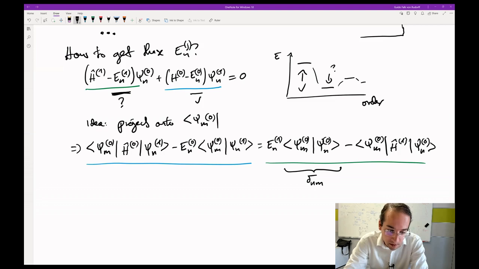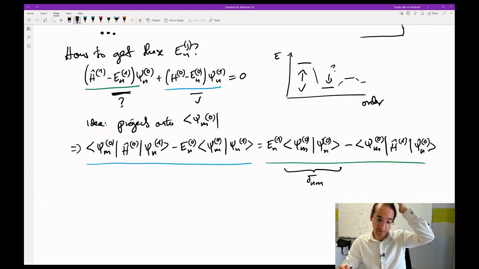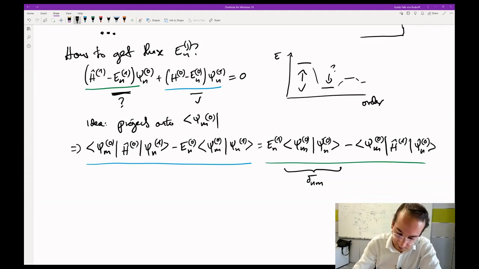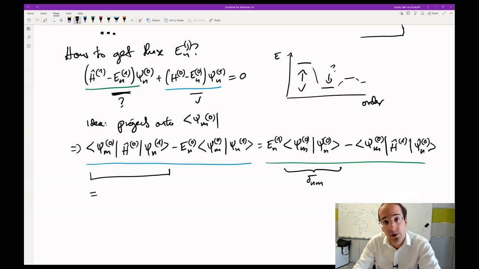Now, we can look at the first term of this alone, and we can rewrite this term a little bit. So let's pick this term here alone. And this term is the same as taking the complex conjugate and exchanging the order of bra and ket, and making this ket bra.